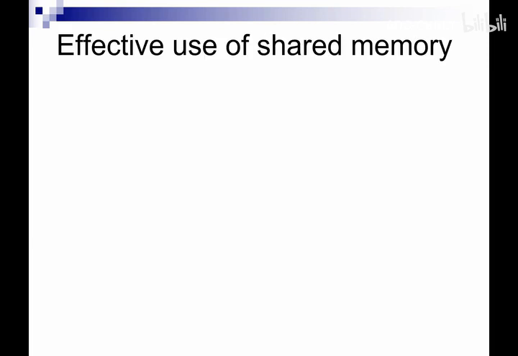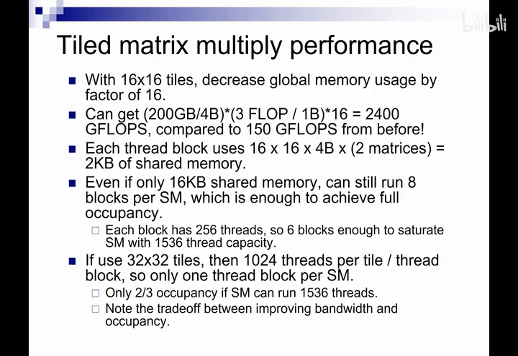Now sometimes you don't want to use very large tiles. One is that it might not fit in shared memory, and even if it fits in shared memory, you could run into problems like this. For example, if you use 32 by 32 tiles, then you have 1,024 threads per tile.